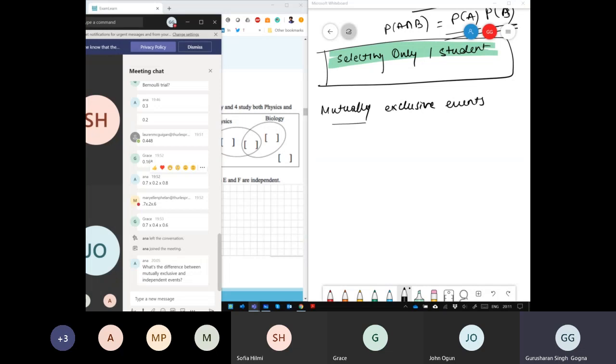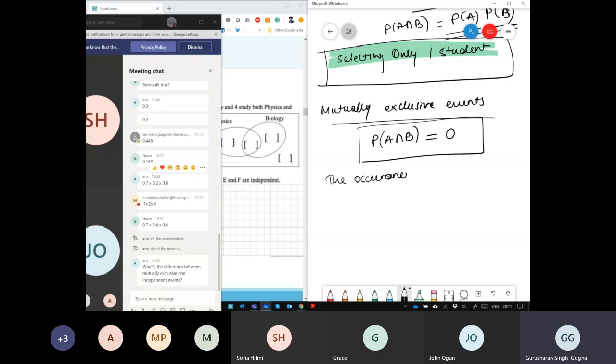Okay, mutually exclusive events means if I say probability of A intersection B is simply 0. So the occurrence of A and B together is not possible.